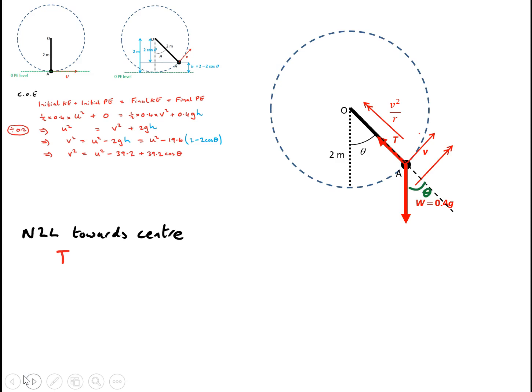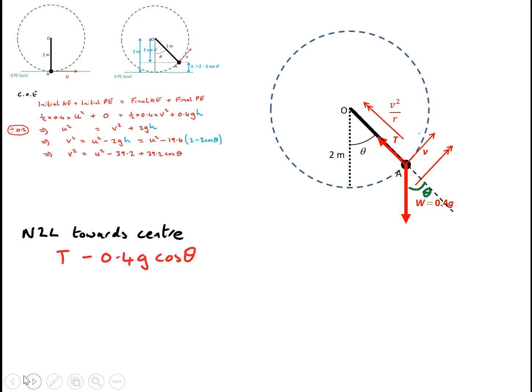So we can see that the weight makes an angle of theta with the radius OA. So the component of the weight in the direction OA is going to be W cos theta away from the centre. So my resultant force is going to be T minus W, that's 0.4 g, times cos theta.